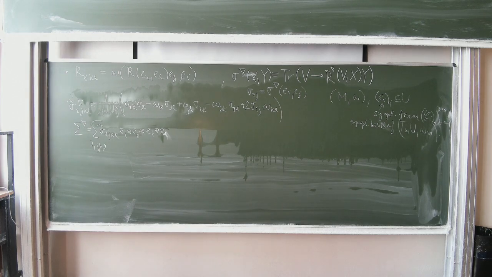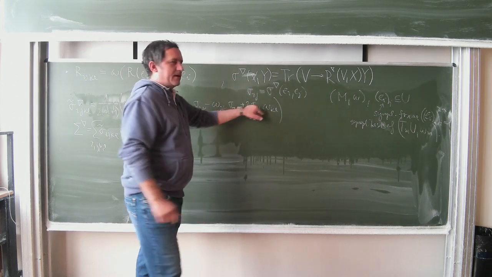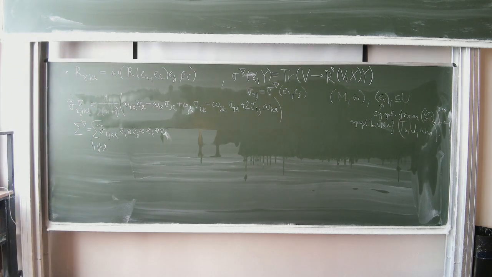It must be proved, or it is more or less visible. Physicists would see it immediately because they would probably write i, j up and k, l also up, and then it's more believable, but nevertheless one might check it.